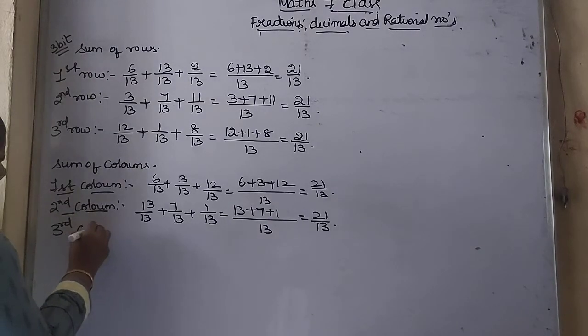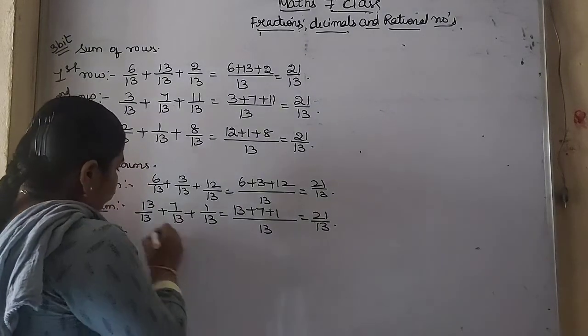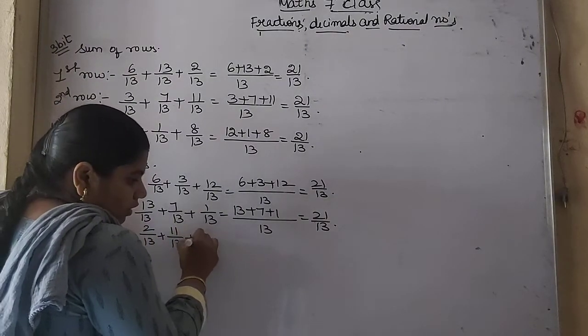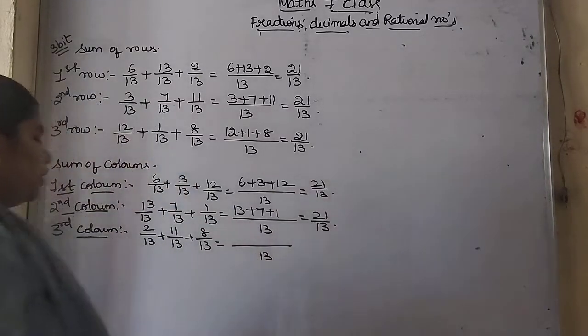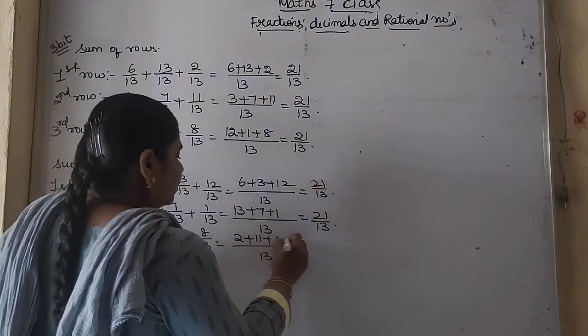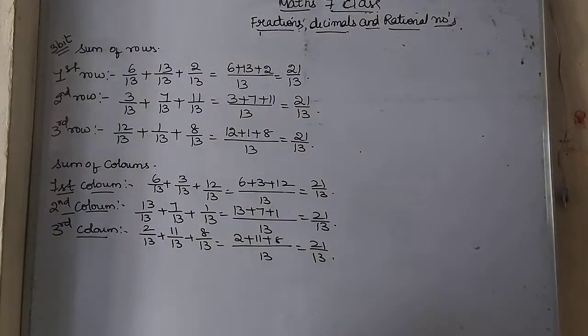Now third column. So what is third? That is 2 by 13 plus 11 by 13 plus 8 by 13. So denominators are equal. So 13. Add the numerator values. 2 plus 11 plus 8, that will be equals to 21 by 13. So all the columns are also having the same answer.